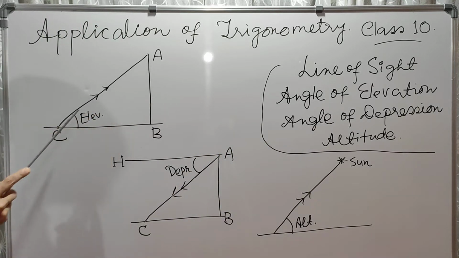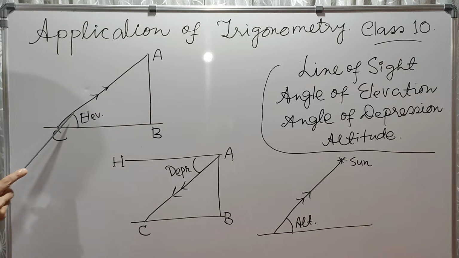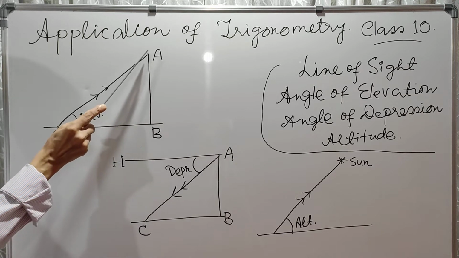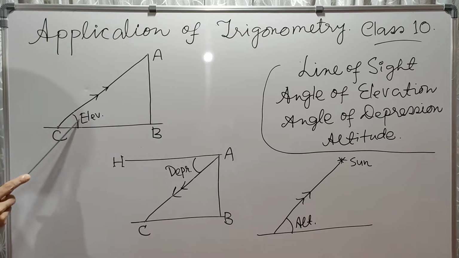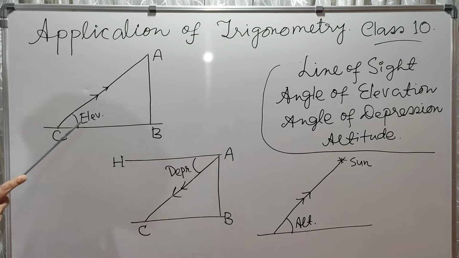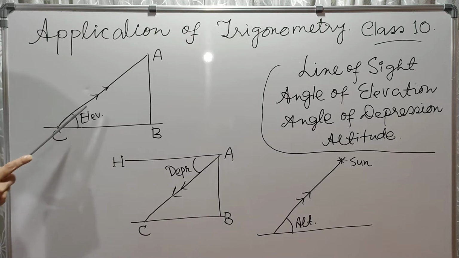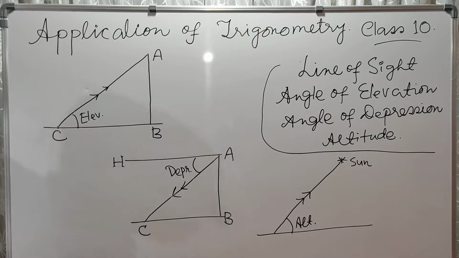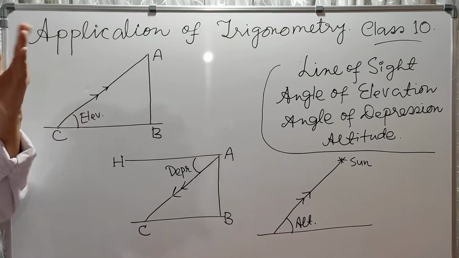Now angle of elevation. In case of looking up, in this diagram, since the observer is looking up towards the top of the tower, this angle is called angle of elevation. Elevation means raised. So if the observer wants to look at the top of the tower, the observer has to raise his eyes, has to elevate his eyes.